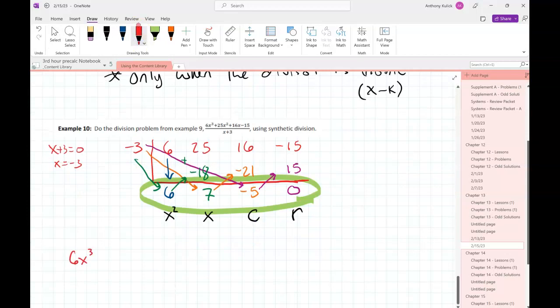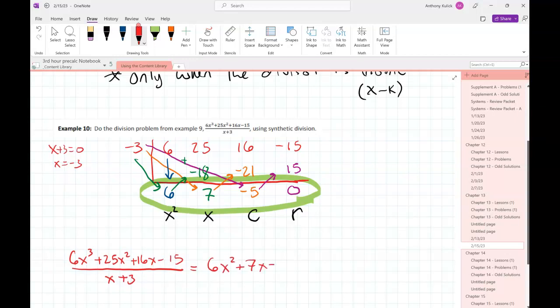So what we can say here is this polynomial divided by x plus 3 is equal to the quotient 6x squared plus 7x minus 5 plus my remainder over divisor.